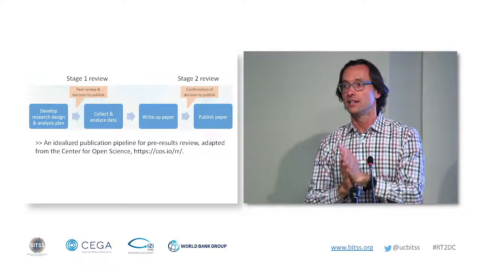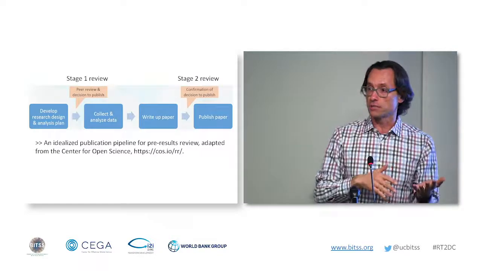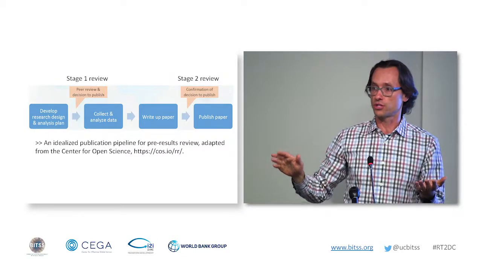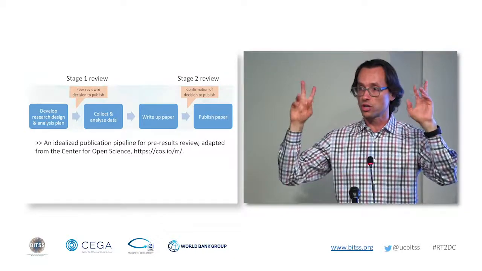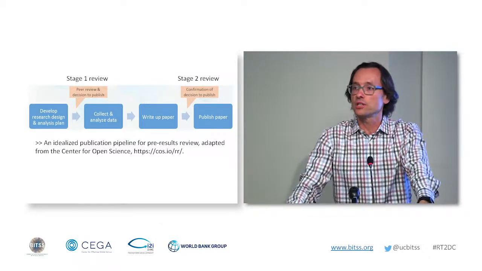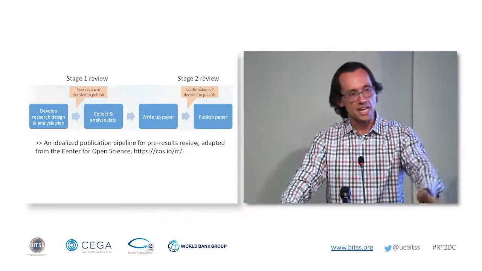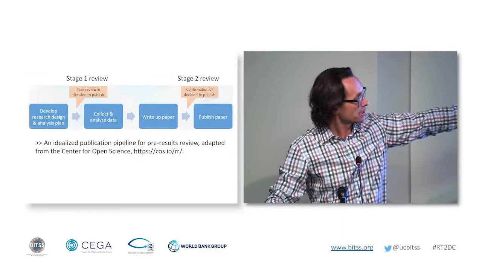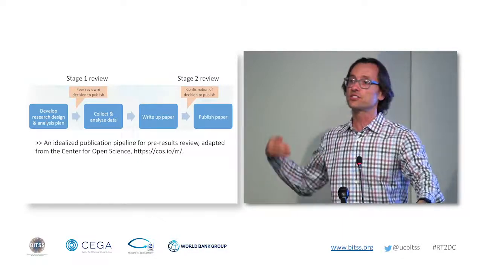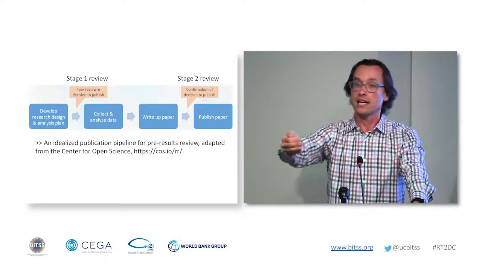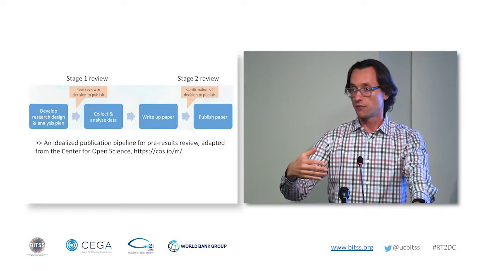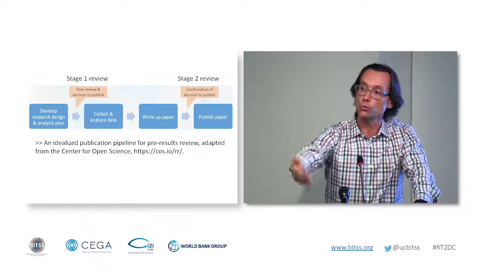It could be rejected by the journal if they decide this isn't an interesting question, or it could be accepted. What it's called is in principle acceptance. It's like a conditional acceptance from a journal. At that point, the authors go and collect their end-line data, they write up the paper, and then they submit the full paper, again based on that stage 1 version, but now with results, and they interpret the results.